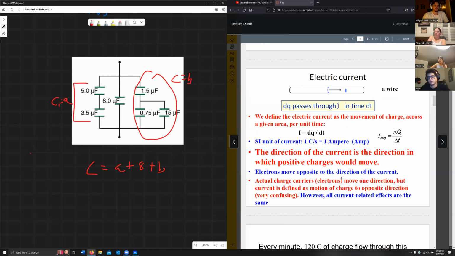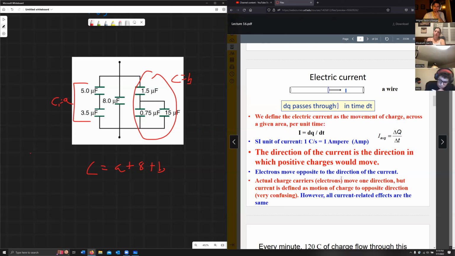So current I is equal to dQ over dt. The SI unit of it is capacitance over seconds? Charge. Coulombs. Yeah, coulombs.